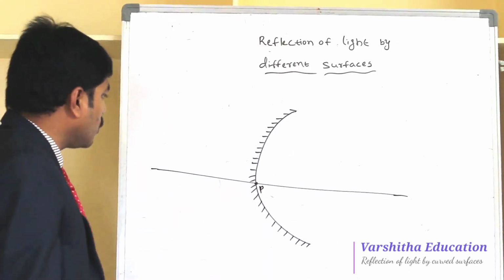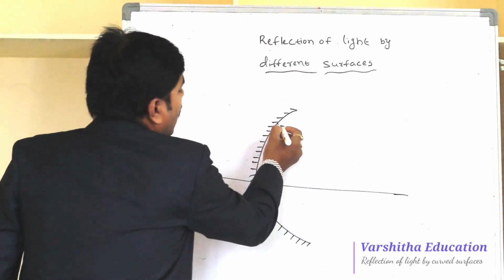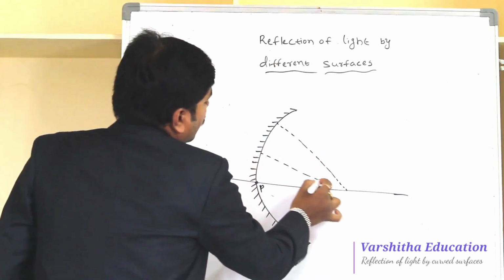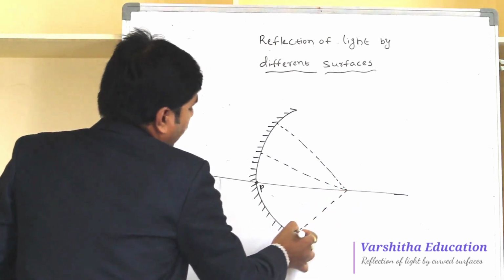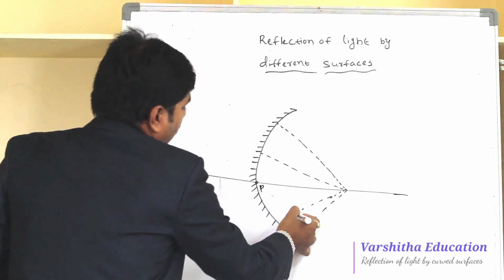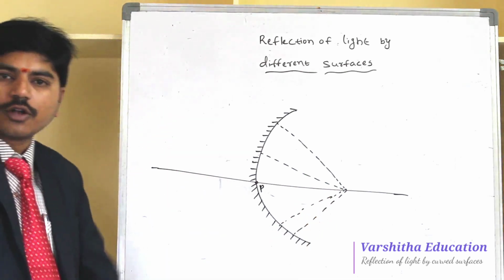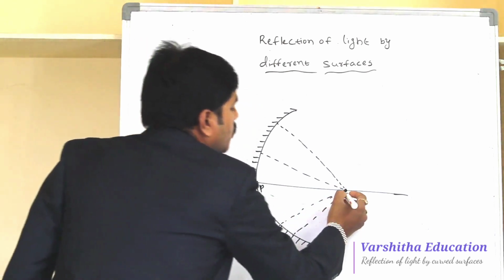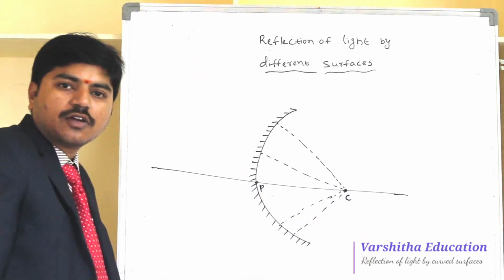Now where all the normals lie on a single point: for example, these are all normals. From the surface, I identify different normals. Where all normals meet is called the center of curvature.